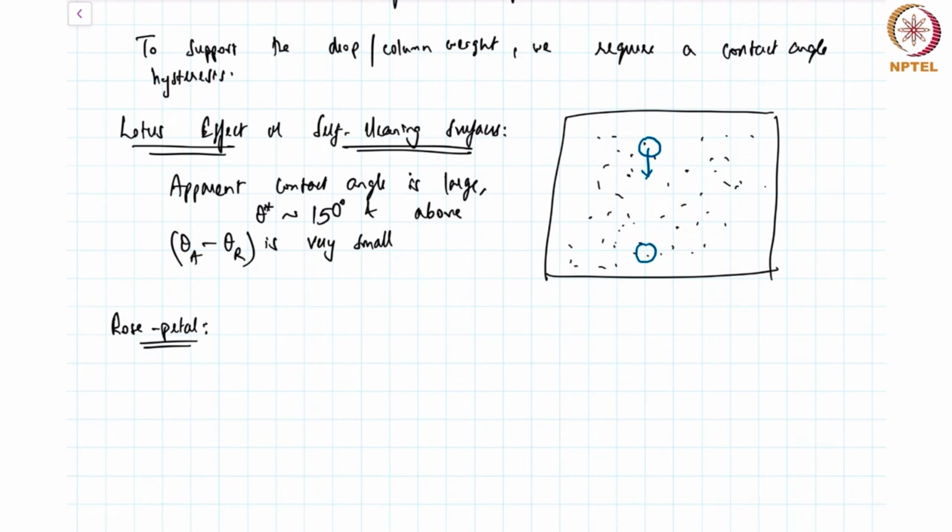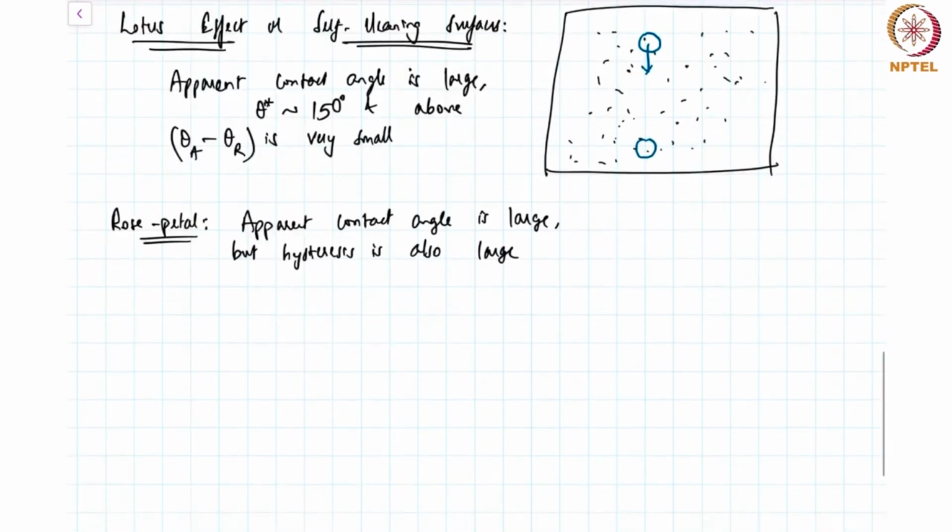In rose petals, what tends to happen is the apparent contact angle is large, but hysteresis is also large. So if you take a rose petal, this is what tends to happen.